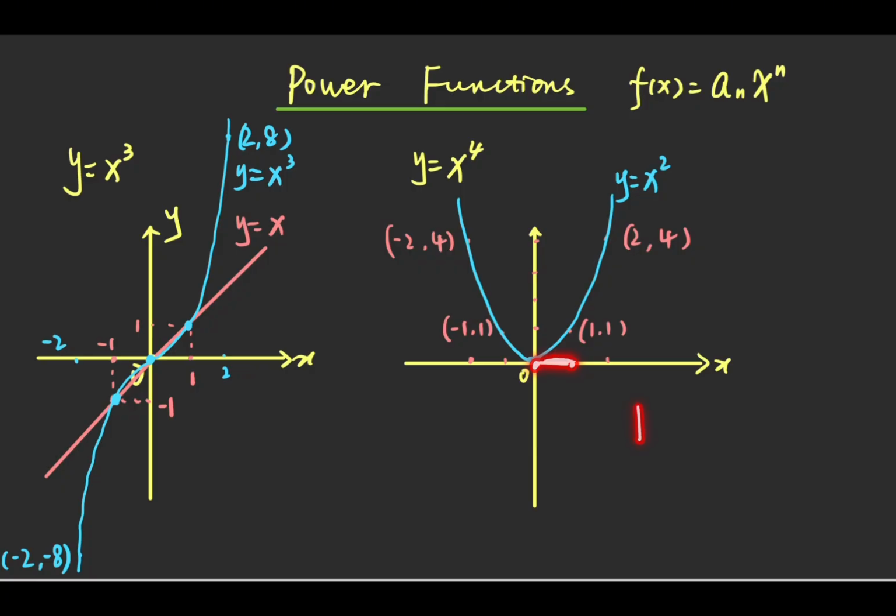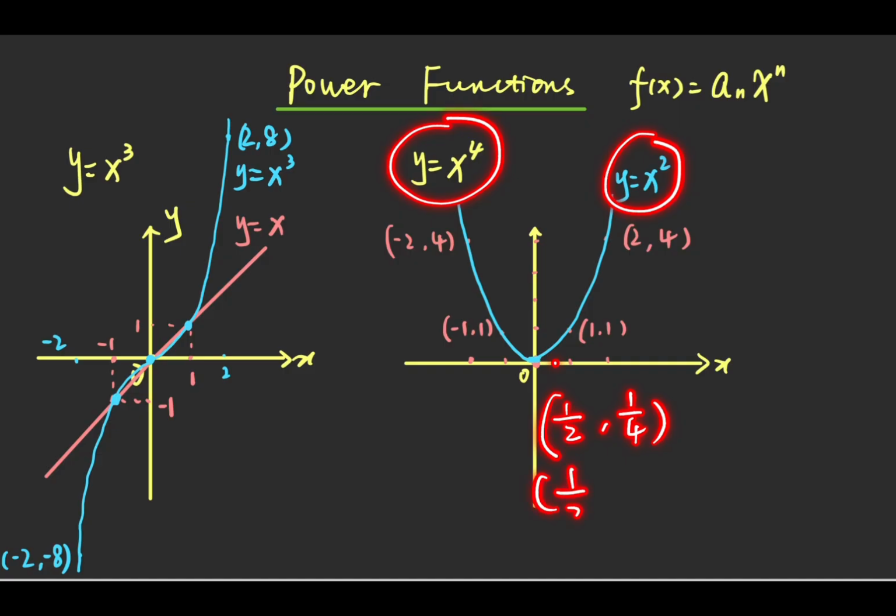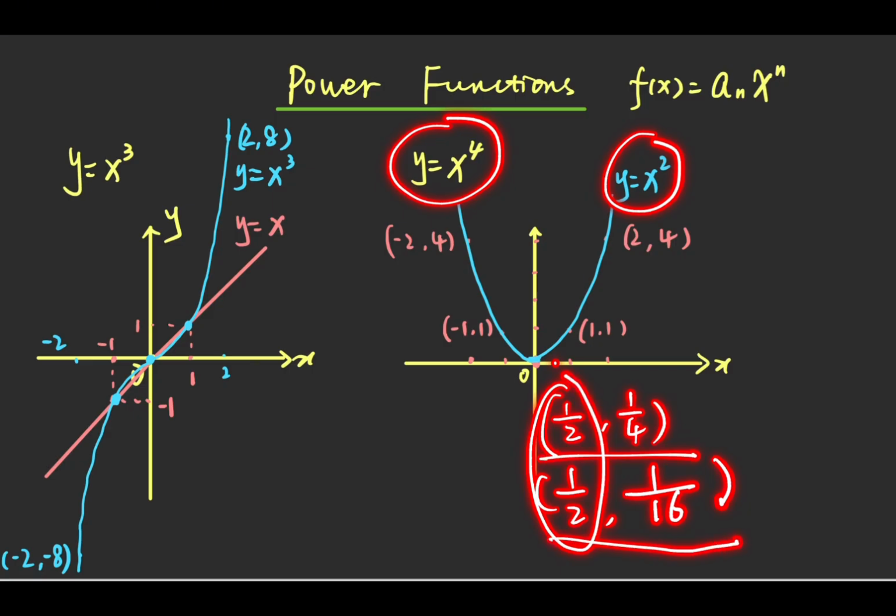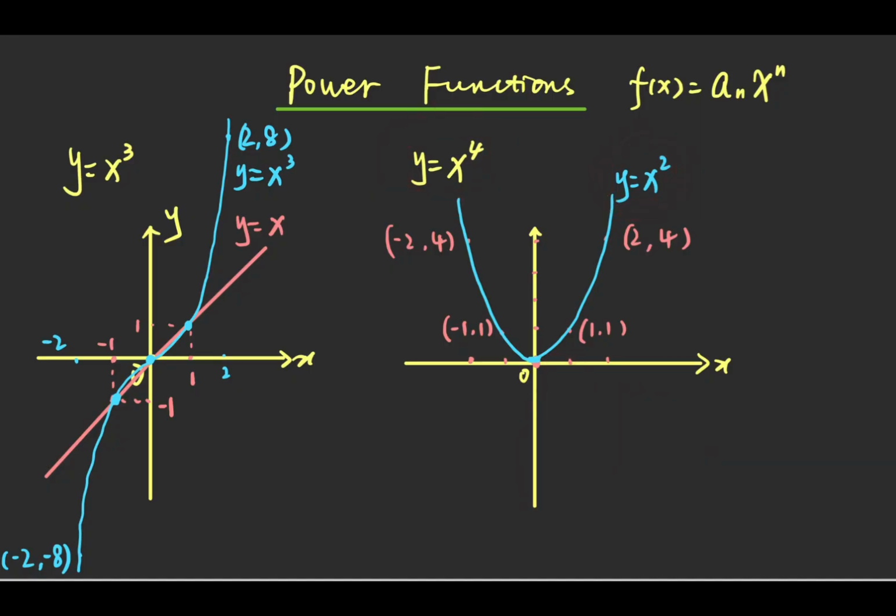For example, if this is 1 over 2, for this function the y coordinate should be 1 over 4, but for this function the y coordinate should be 1/16. So if the x-coordinates are the same, this point should be above this point. If x-coordinates are less than 1, the points on this graph should be lower than the points on this graph. So it should be like this.